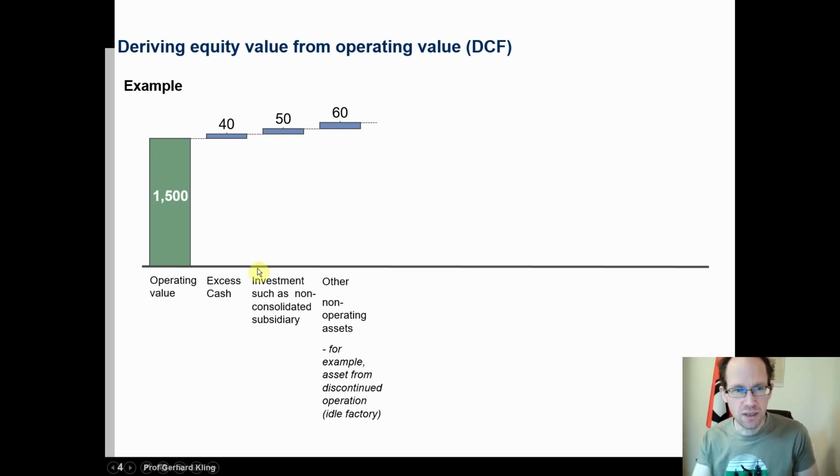So in this particular case, what we do is we add excess cash to our operating value. So the operating value comes out of our DCF model. We then add excess cash on top. Then you might have some additional investments into non-consolidated subsidiaries. Now, what does that really mean? Now, we mentioned this briefly before.